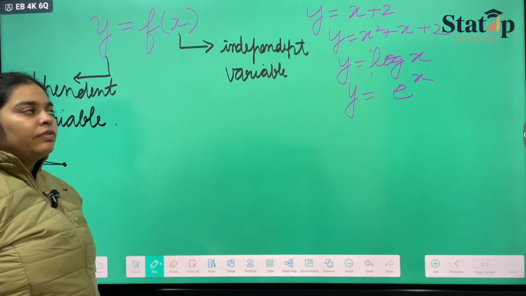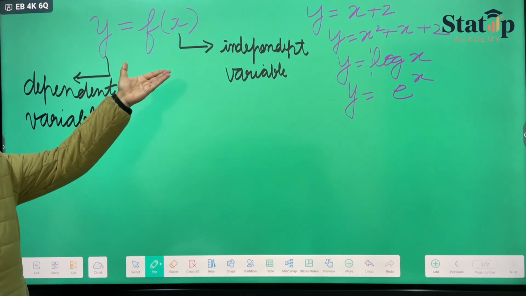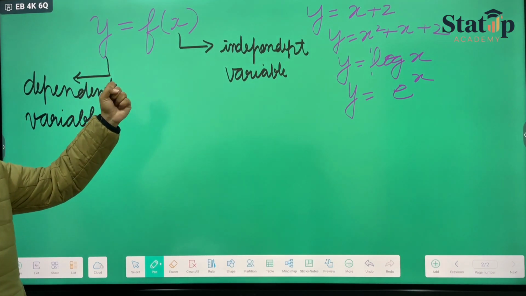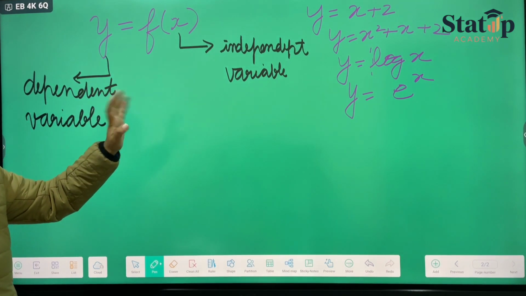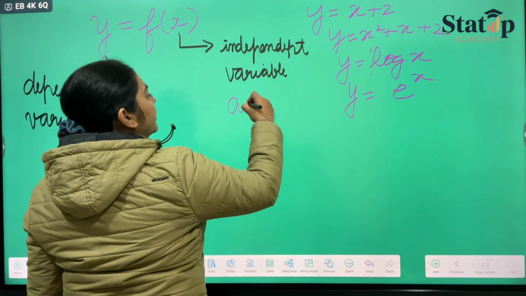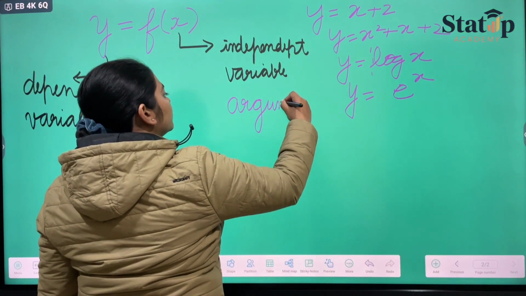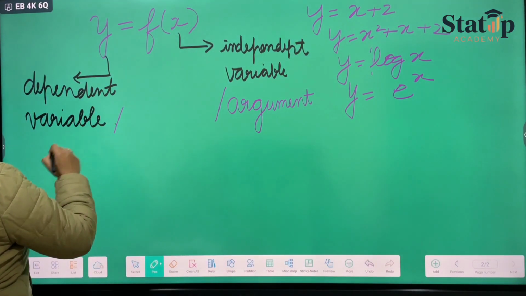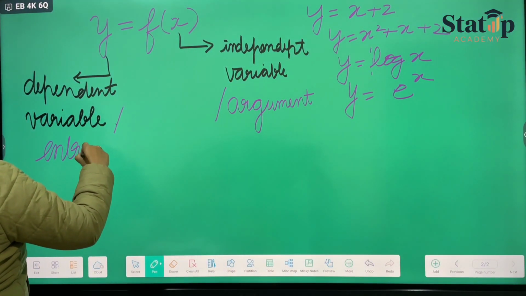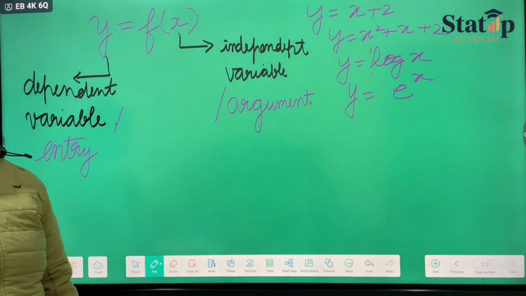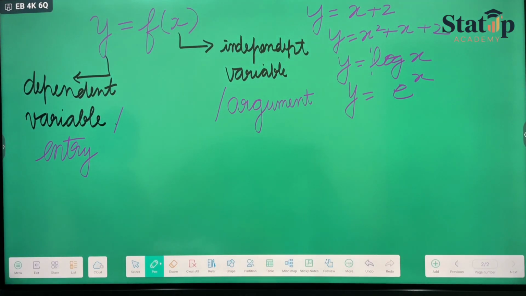These are the two kinds of variable, and here we say that y is a function of x. Independent variables are also known as arguments, and dependent variables are also known as entries.